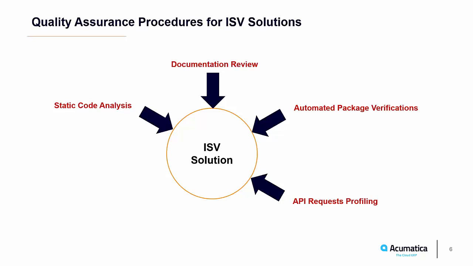So we ask you, or whoever provides the solution for review, to run their integration with our test server, and we review all incoming and outgoing API requests, we review all the data that flows, and we review if the solution requests the data it needs and doesn't request the data it doesn't really need, and that the solution doesn't affect performance of the core product.